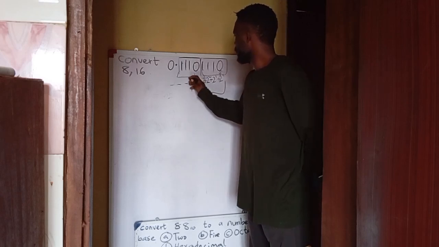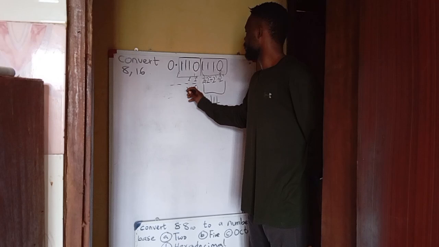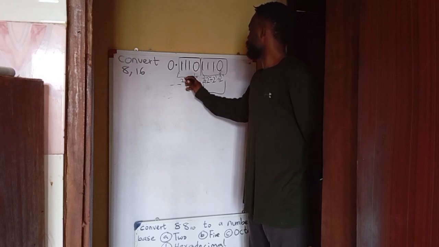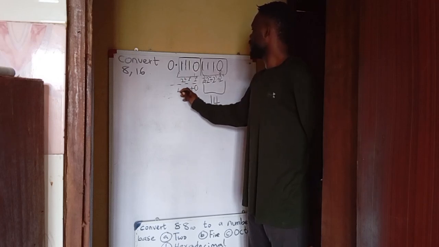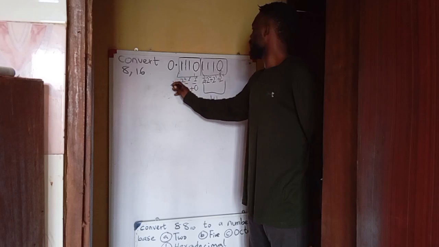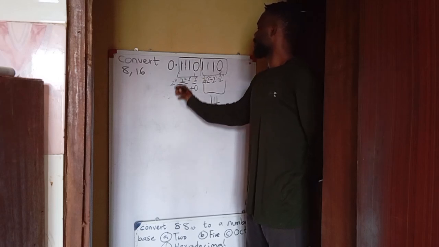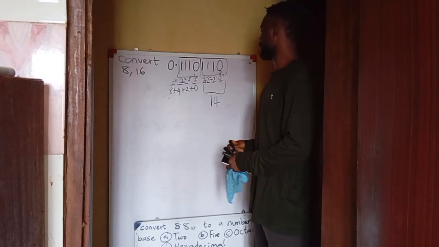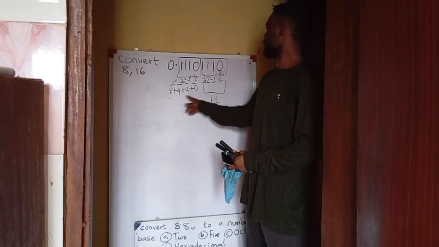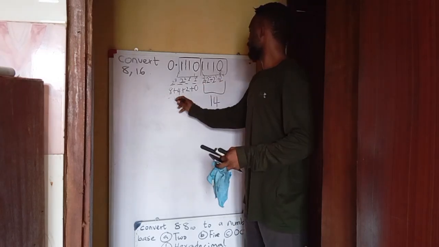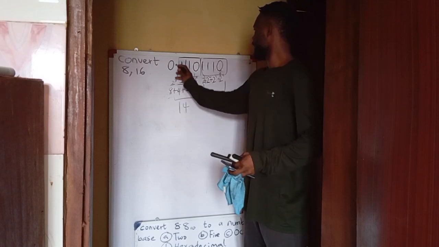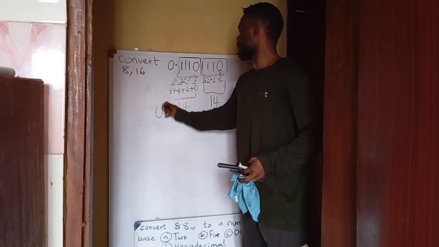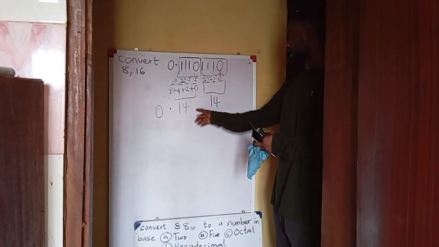Plus 2 raised to power 1, 2. 2 raised to power 2 times 1, 4. And this side will be 2 raised to power 3, 8 times 1, 8. So do it. You have the same thing, 14. Now you have point 0. So that means that you have 14 and you have 14.